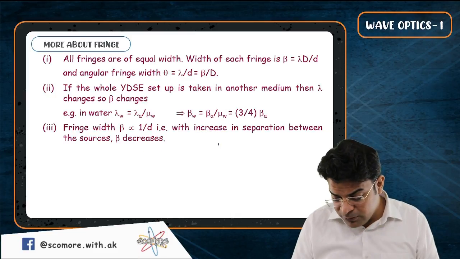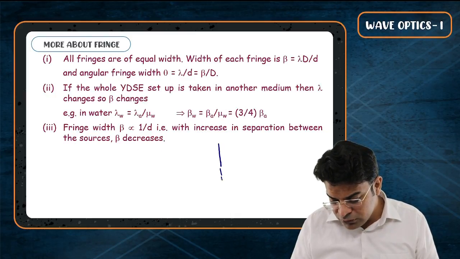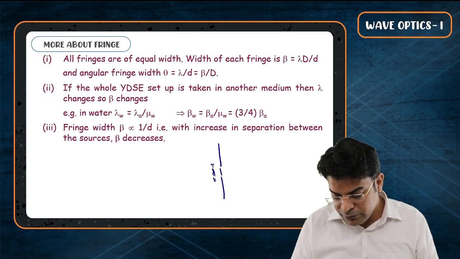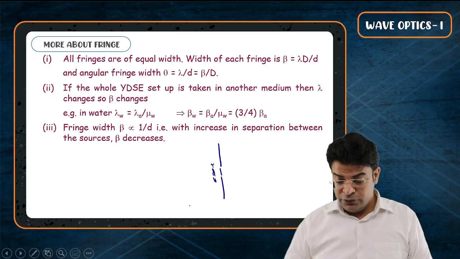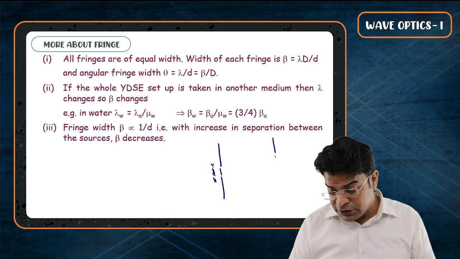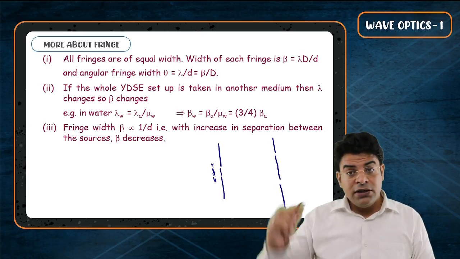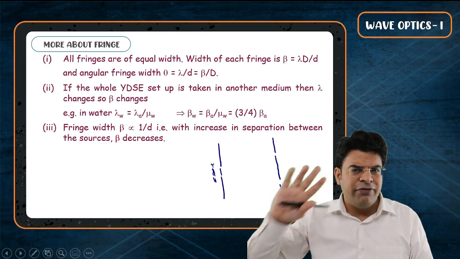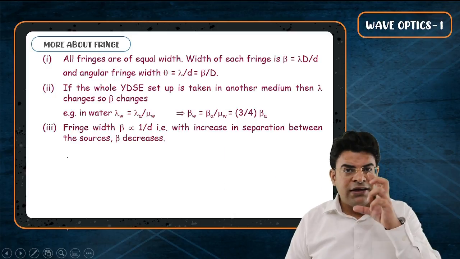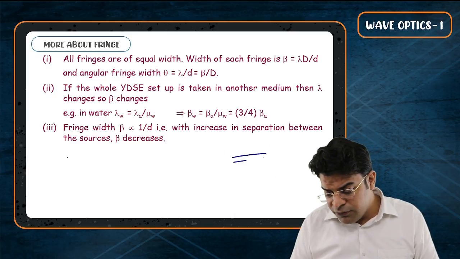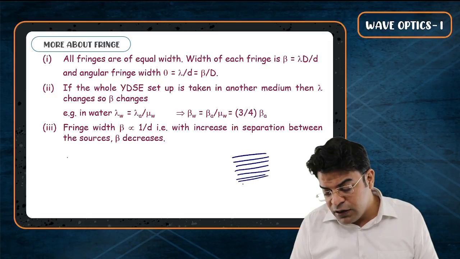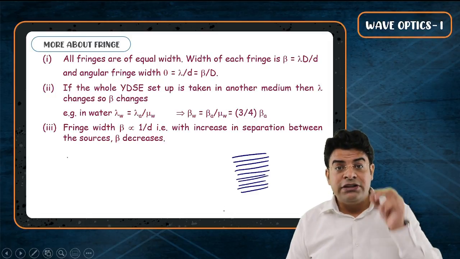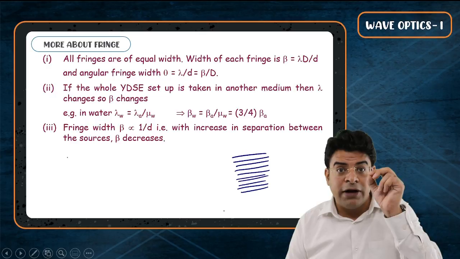So if you keep the slits really close, a small value of d, the fringe width will be high. And if you keep the separation between the slits high, then the fringe width will be less, keeping everything else the same. Now understand that the closer the fringes you have, the more difficult it will be to separate out two bright fringes.